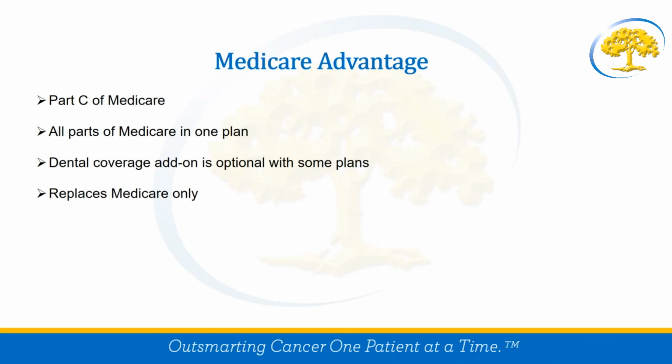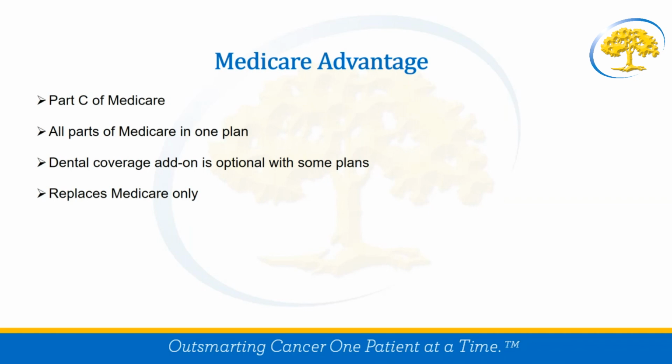Medicare Advantage, this is also known as Part C of Medicare, as we mentioned, has all of those parts together in one plan. I hear a lot of people say, for example, I have Humana Medicare Advantage HMO, and Medicare. Well, once you sign up for Humana Medicare HMO, you no longer have just Medicare.